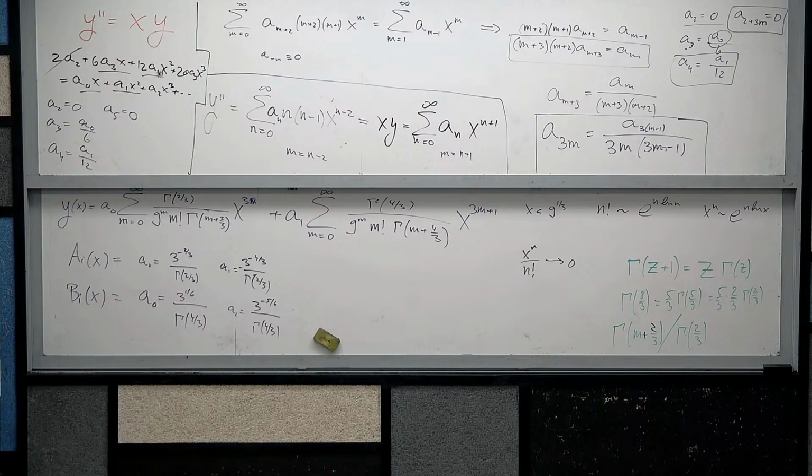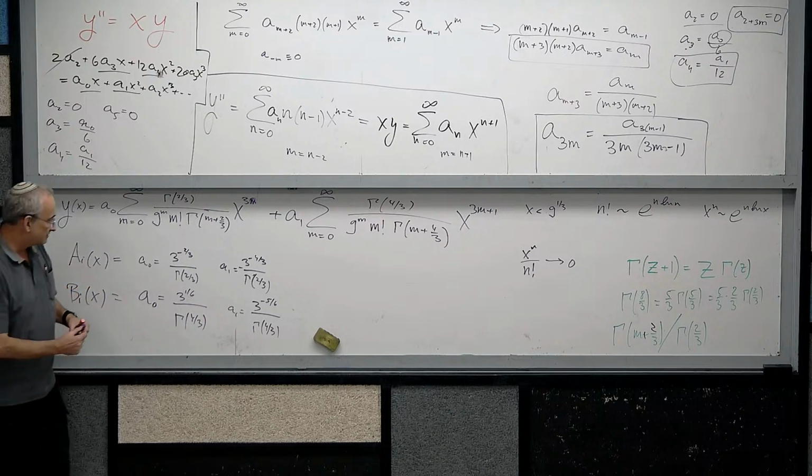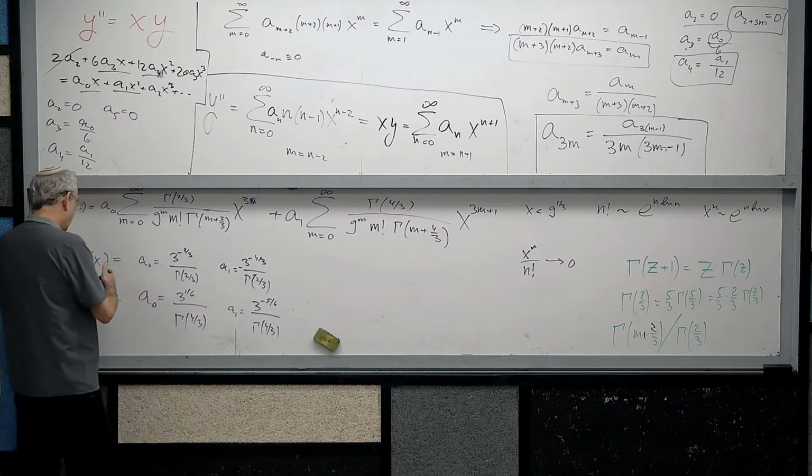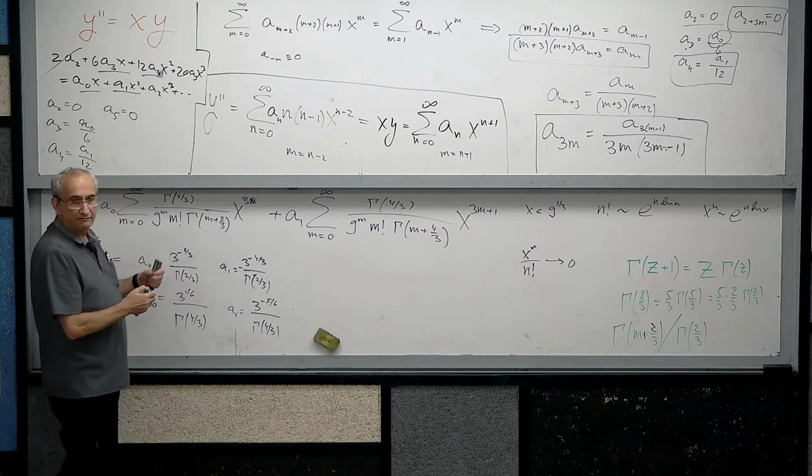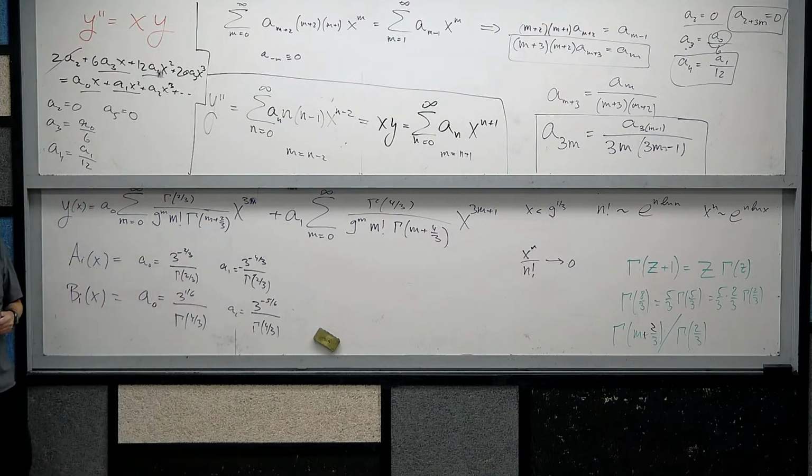I hope that I copied it correctly. I think so. So these are the Airy and Bailey functions. I mean, just a definition of a0 and a1, nothing else.